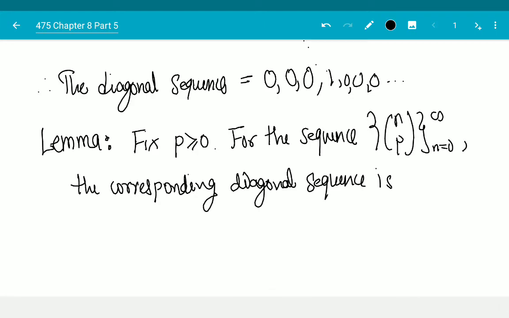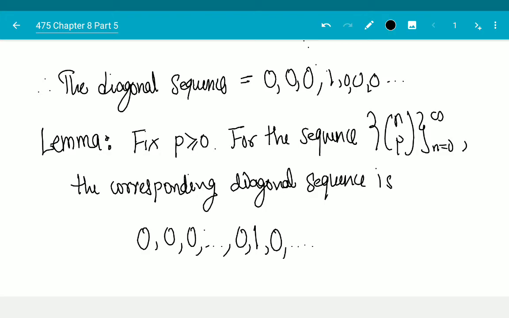For 3, it was at the 4th place. Where would you get the 1? 0, 0, 0, dot, dot, dot, 1, 0, 0, 0, 0.